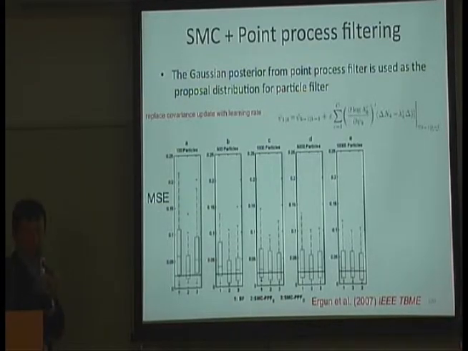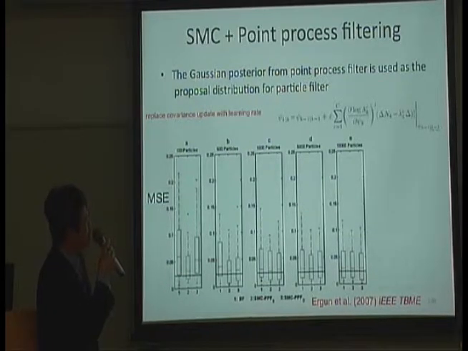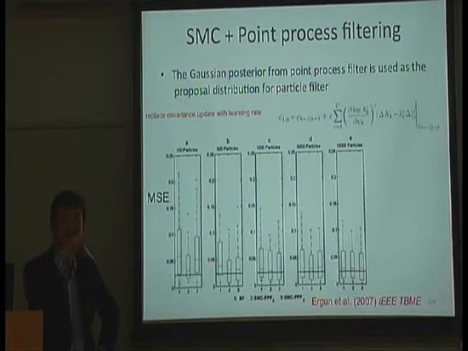A few years back, a graduate student came to the lab and asked whether we could do a little better. We talked about sequential Monte Carlo methods yesterday, so could we combine sequential Monte Carlo with this technique? I don't know if you remember; if not, I can go back to it.